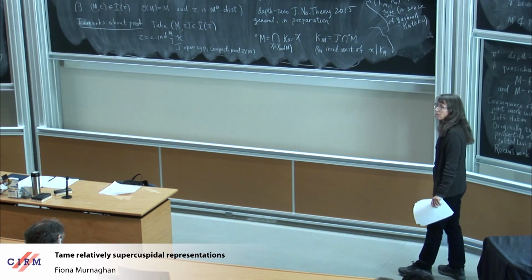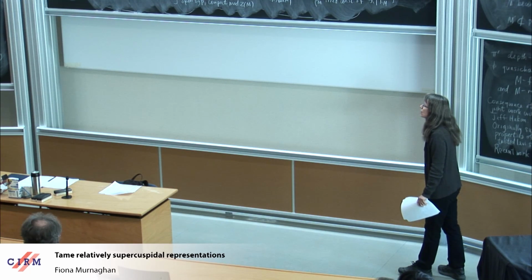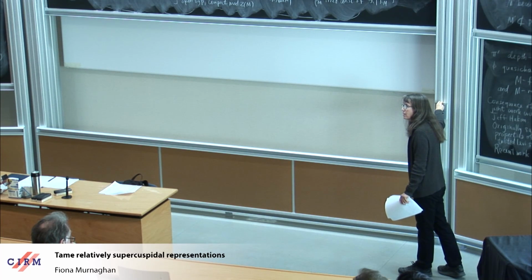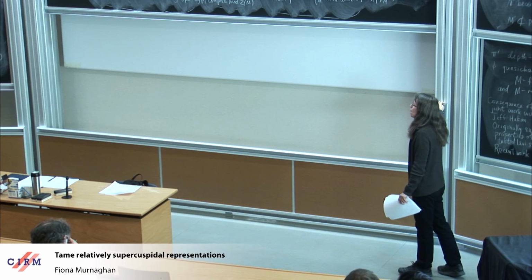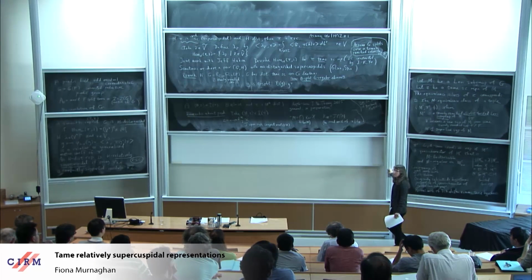Can I ask one question? Yes? You mentioned previously that every distinguished representation is induced from this relative supercuspidal. Yes, so I'm putting the cuspidal on the Levi, and then I'm going to induce. Right, but you attributed the result to 2008.